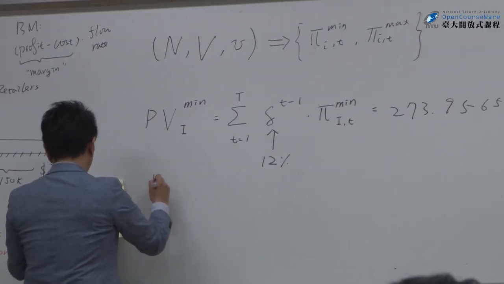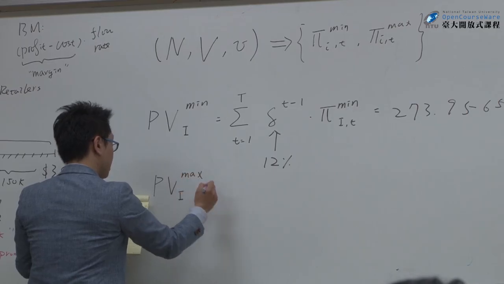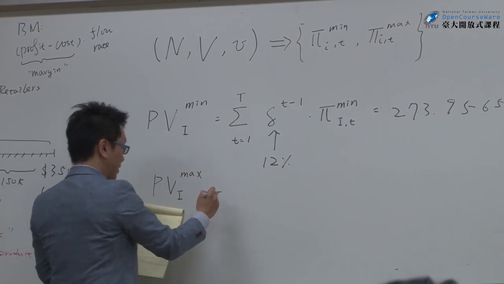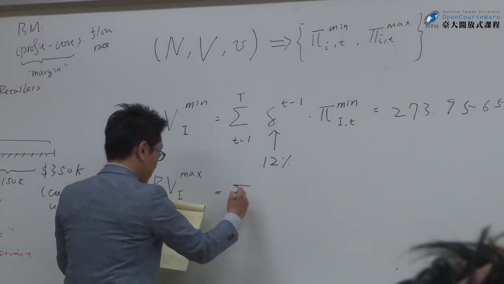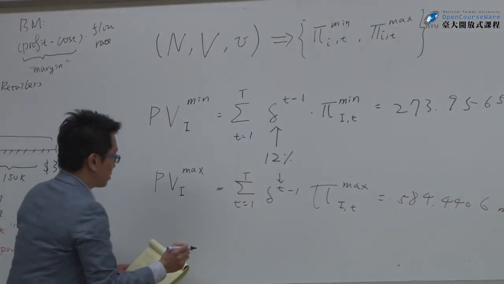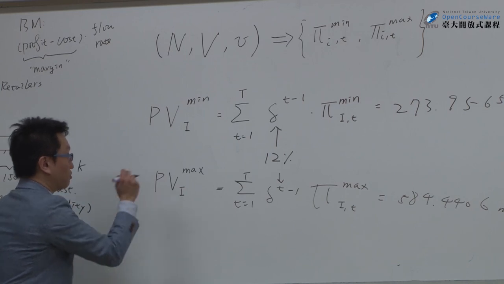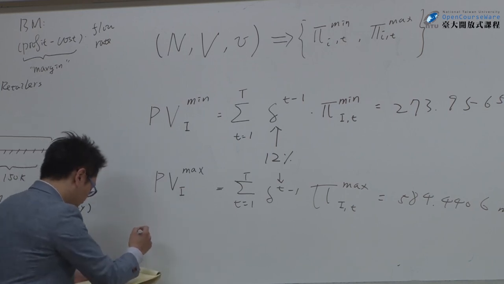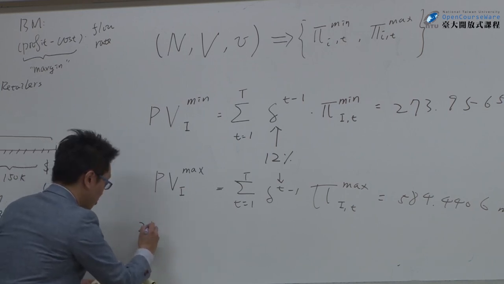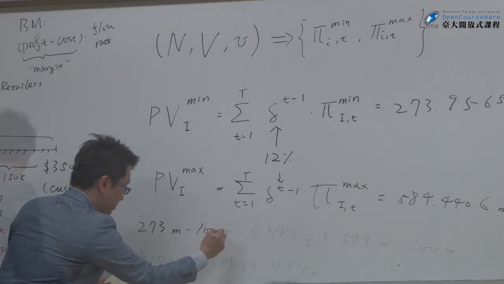I use the same way to calculate the best case, the present value of the best case for this business model. And after that, I want to calculate NPV. So NPV will be the present value minus my investment. That will be 2.273 million minus 1 million.